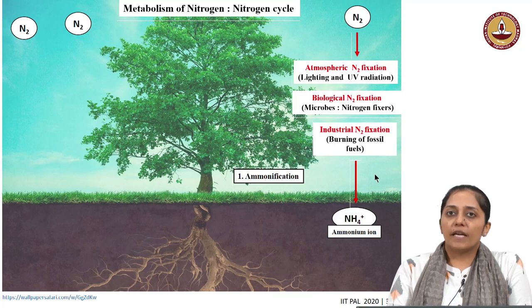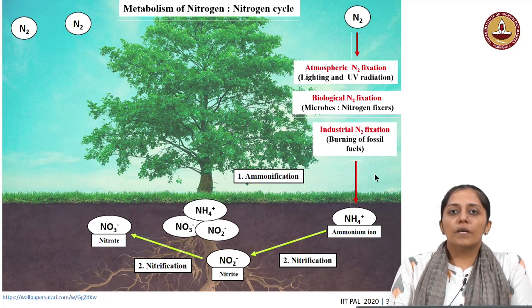There is biological nitrogen fixation, in which microbes act as nitrogen fixers, and there is industrial nitrogen fixation via the burning of fossil fuel. All these processes independently fix atmospheric nitrogen and convert it into ammonium ions. This process is called ammonification.